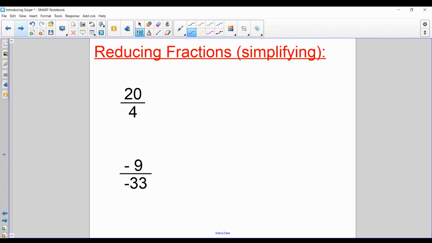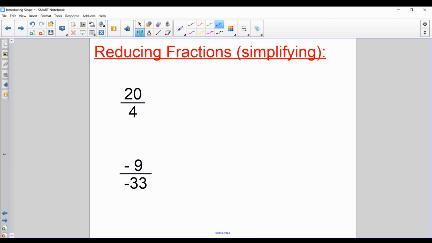Second thing I want to remember is about reducing fractions. Okay, so remember, if I want to simplify or reduce the fractions, I can find a number that divides evenly into both the numerator, the top, and the denominator, the bottom.